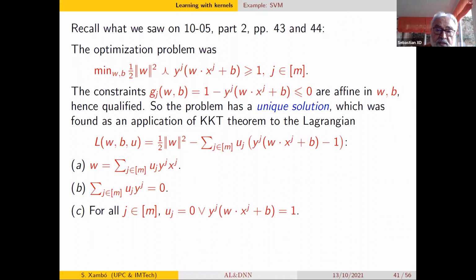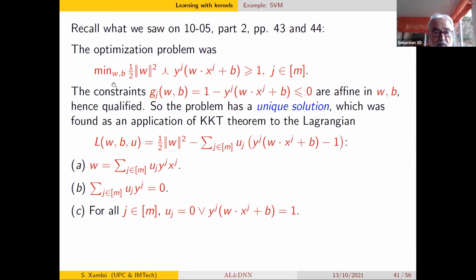Let's do an example. I'll do the support vector machine. We did it on October 5, part 2, pages 43 and 44. It was an optimization problem of this form.